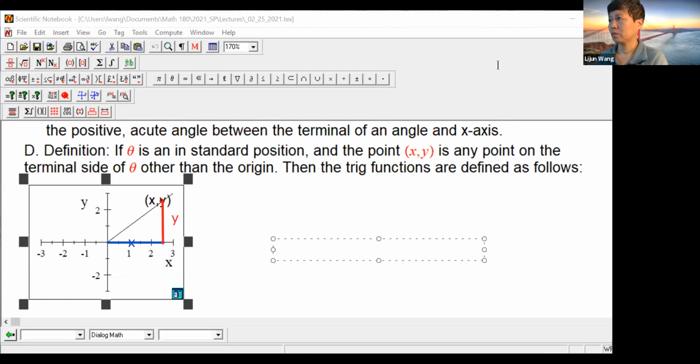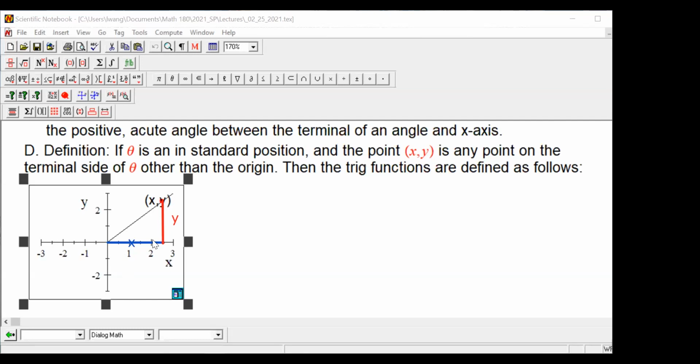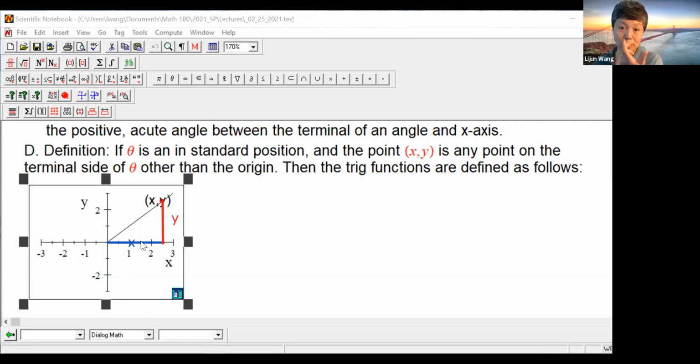Now, what's next? What is the definition? Where do you mark the theta? In between the x-axis and the terminal side. That's right, because every angle is measured from the standard position.